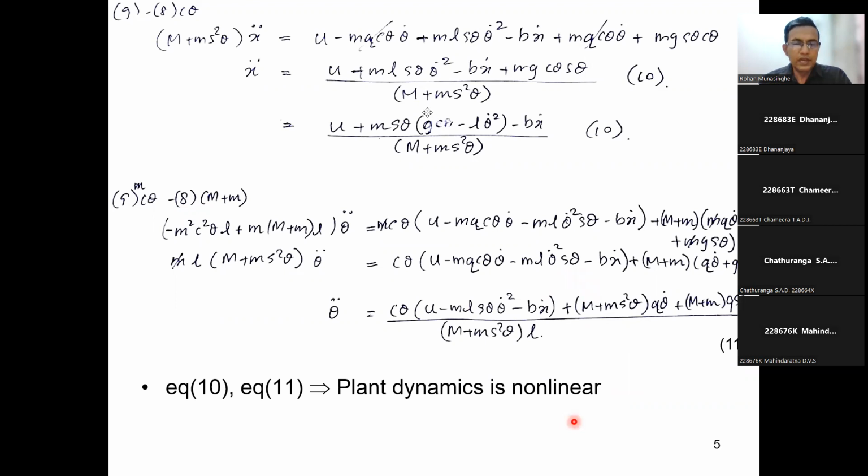Now, the takeaway is equations 10 and 11 are the system equations. They tell us that they are all highly nonlinear. So you cannot put this into an x dot equals Ax plus Bu kind of form. It's not linear.